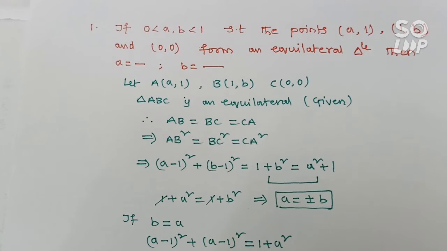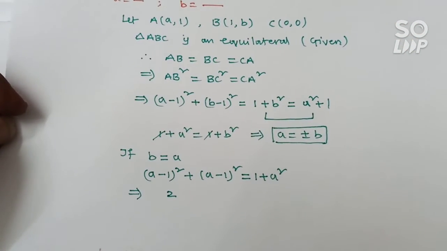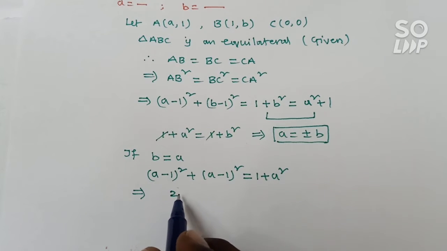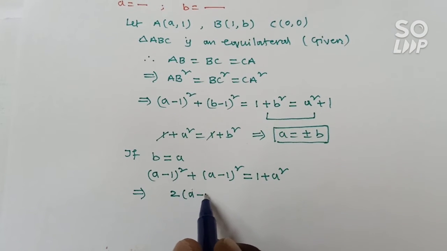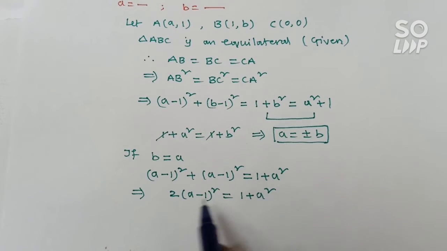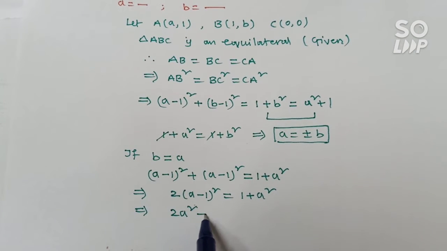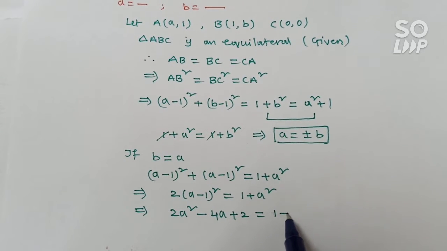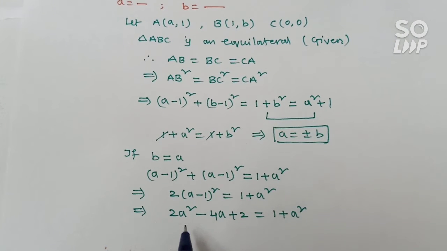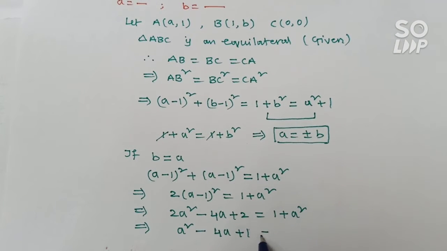That implies 2 into (a minus 1) whole squared is equal to 1 plus a squared. Expanding, 2a squared minus 4a plus 2 is equal to 1 plus a squared. Taking all terms to the left-hand side, this becomes a squared minus 4a plus 1 is equal to 0.